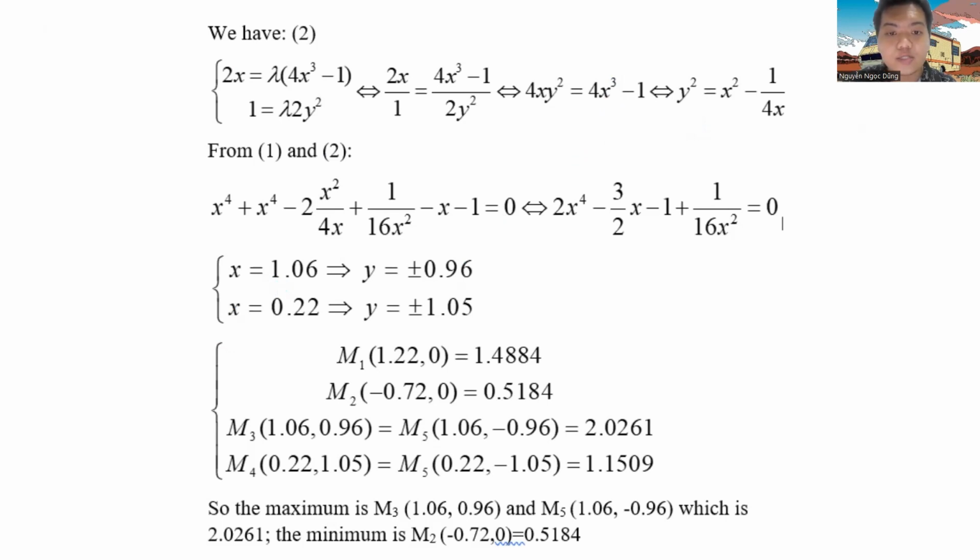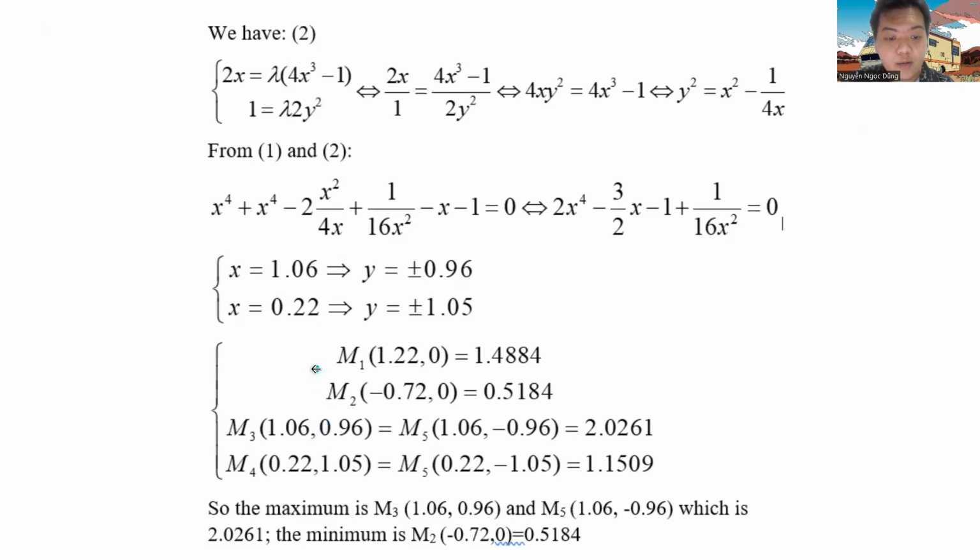If x equals 1.06, then y equals plus and minus 0.96. If x equals 0.22, then y equals plus and minus 1.05. We get the point M1 at 1.22 and 0, with f equal to 1.4884. The point M2 is minus 0.72 and 0, with f equal to 0.5184, and the same for M3 and M4.